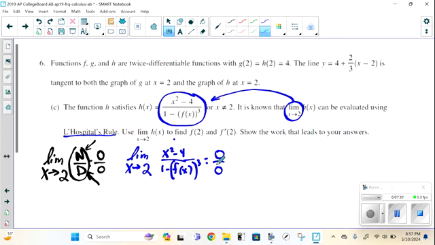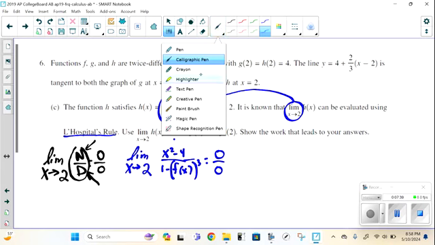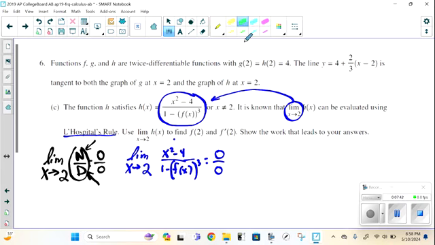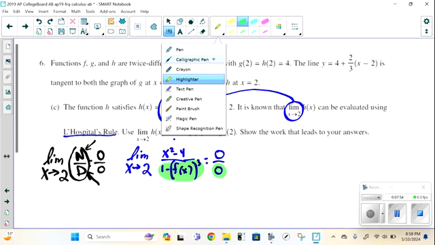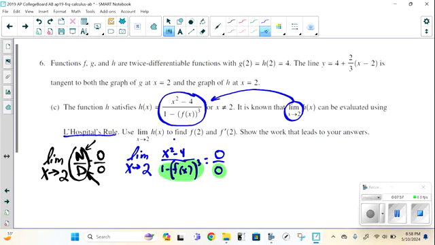Well, I can easily find f of x right now, because this bottom has to yield a 0. It has to yield a 0, which means 1 minus f of x cubed has to be 0.